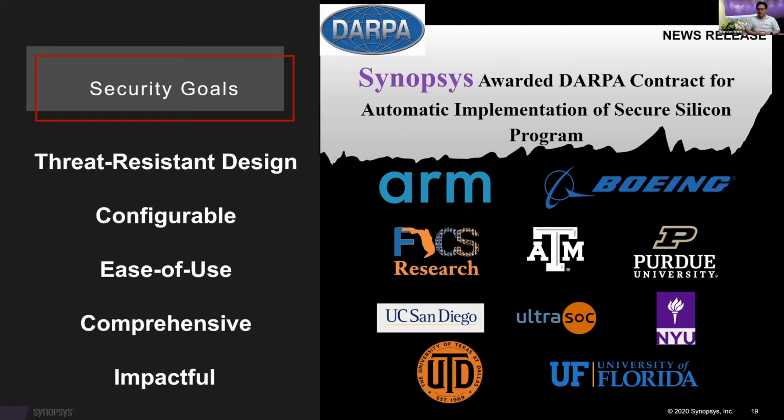If you look at the high level, the security goal we try to achieve is enabling creation of a threat-resistant design that's configurable with different security levels, and very easy to implement with regular commercial tools. It has comprehensive coverage on formal analysis, IPs, and flows with a high degree of automation.